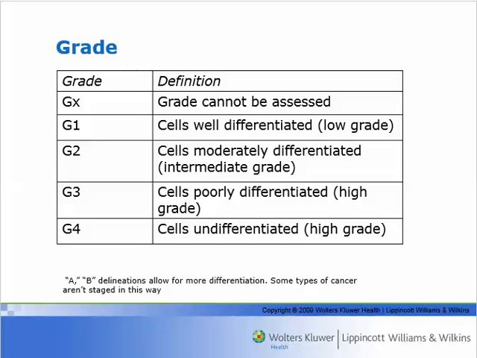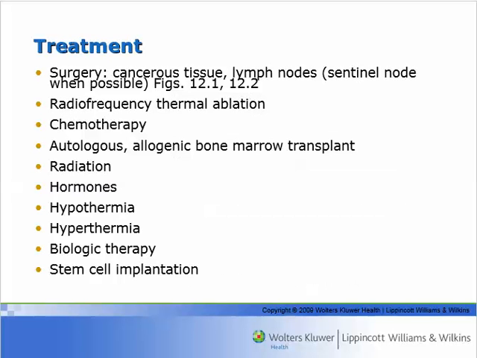So once they decide what stage and grade the tumor's at, then it becomes the idea of treatment. If this thing is in situ, or even a grade 1, perhaps even a grade 2, then surgical excision is probably your best bet.